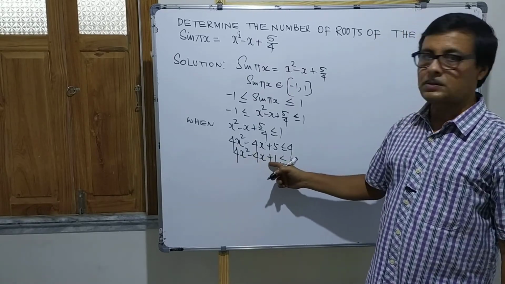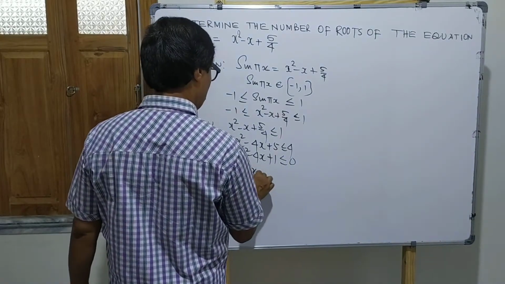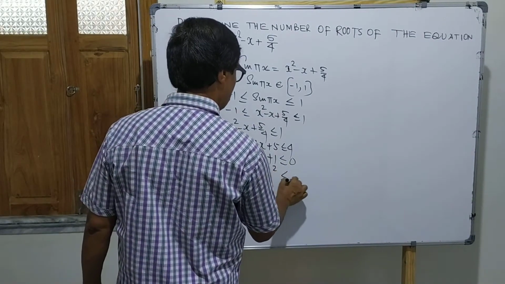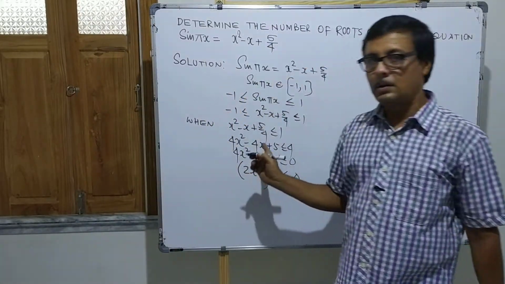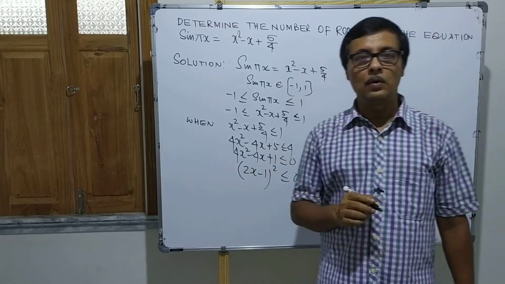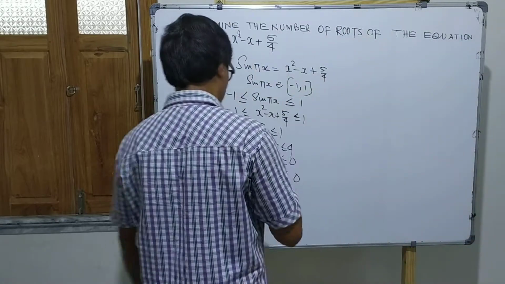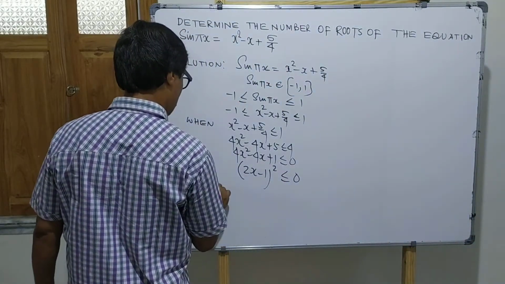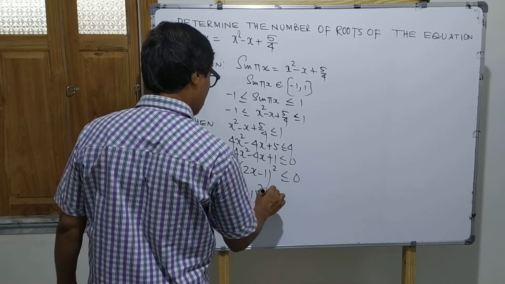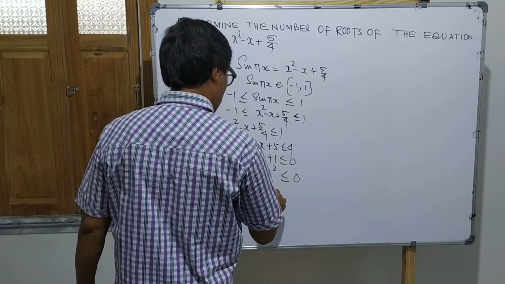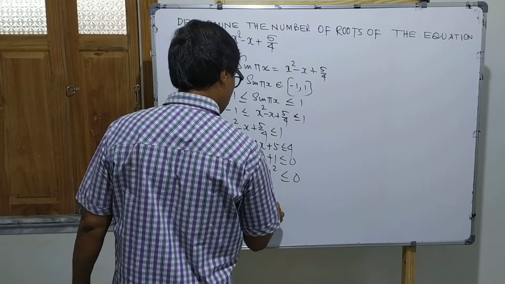This is also a perfect square. So this perfect square is 2x minus 1 whole square less than or equal to 0. Every perfect square is non-negative. We know 2x minus 1 whole square is greater than or equal to 0.